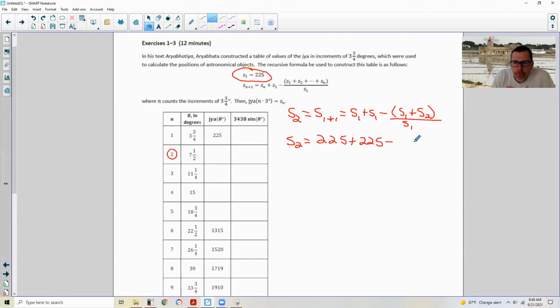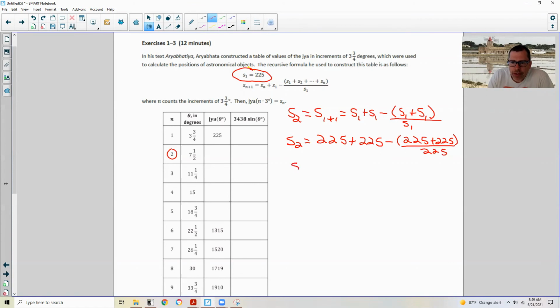Minus, okay, now actually we're trying to find S sub 2. So this is also S sub 1 right here, because that's our S sub n. S sub n is S sub 1, so it's going to be, in parentheses, 225 plus 225 divided by S sub 1.